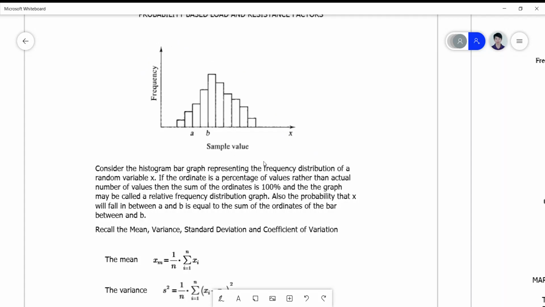Okay, for samples, the value of your argument or your variable, the random variable, is plotted and measured in terms of its frequency.